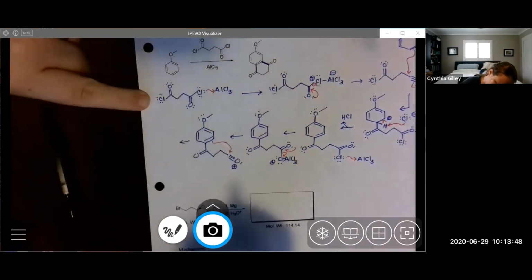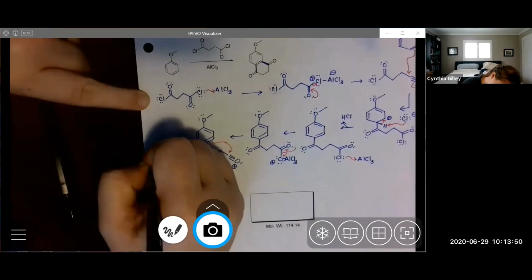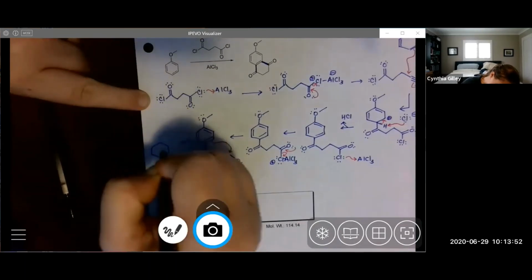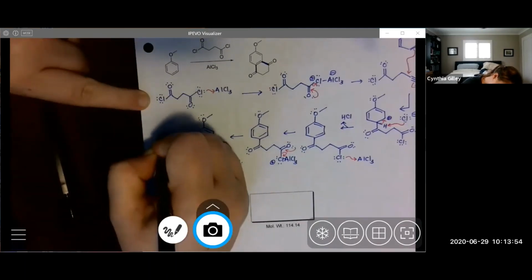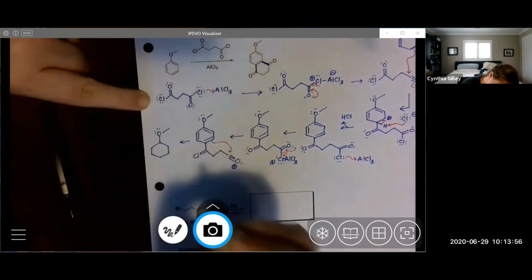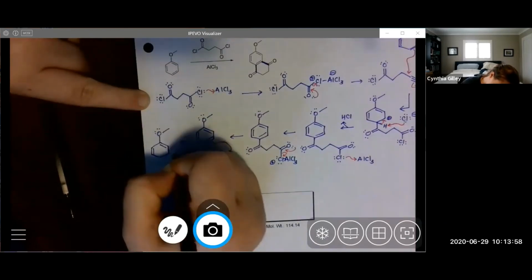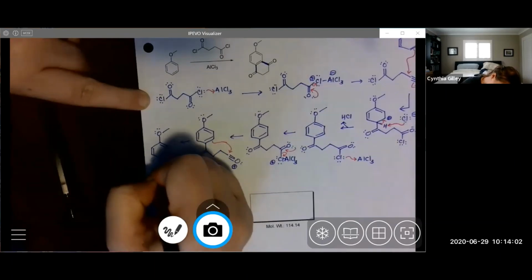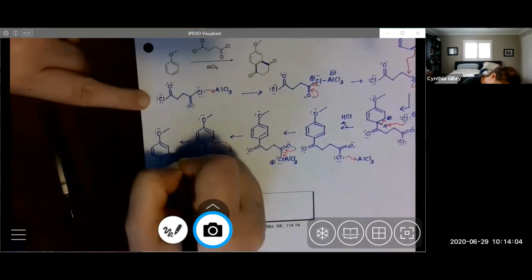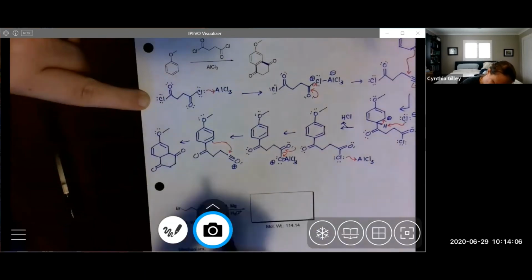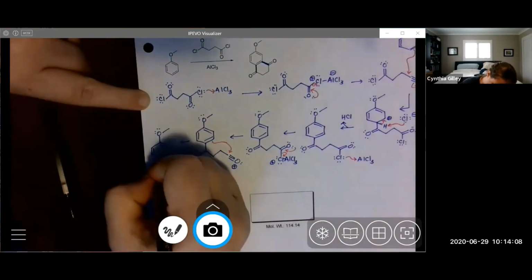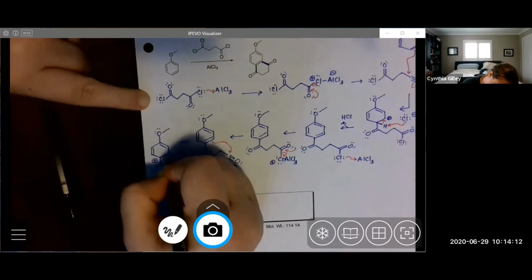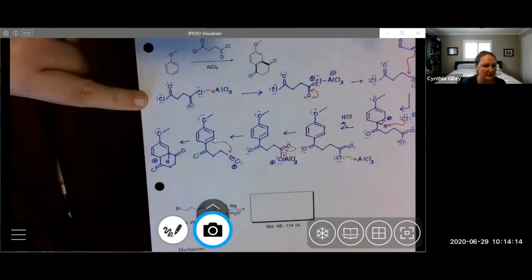There's a charge here, and a proton here, which needs to be removed.